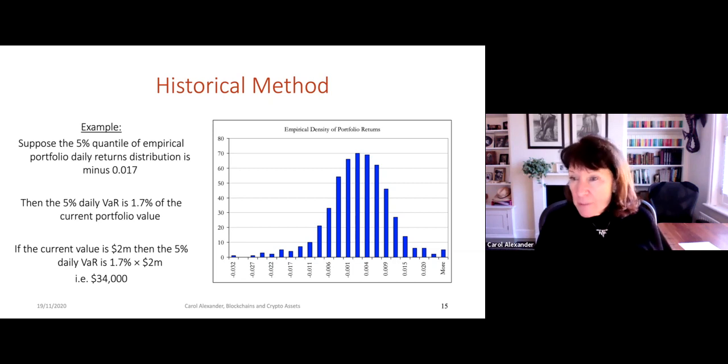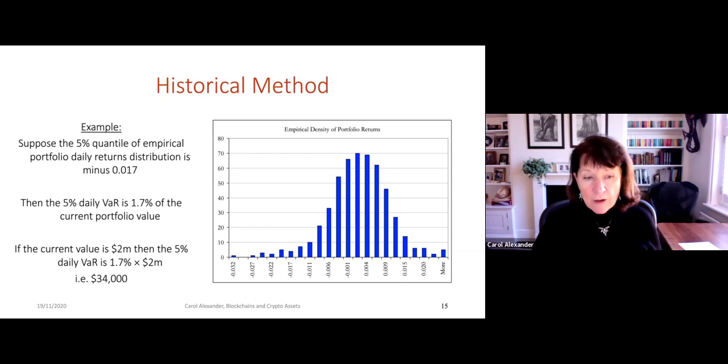And then we can just multiply it by the current portfolio value. So if this is daily returns and minus 0.017 is the lower 5% quantile, then the 5% daily VaR is 1.7% of the current portfolio value.